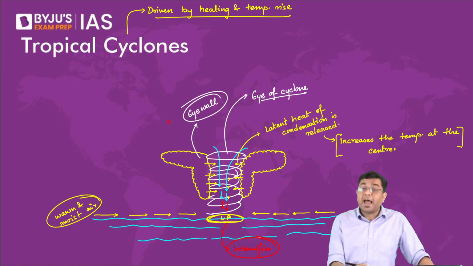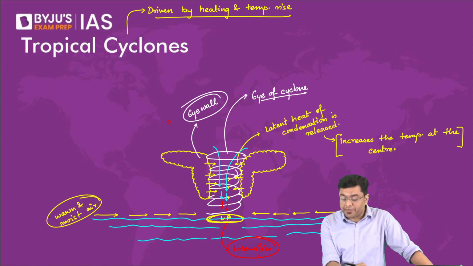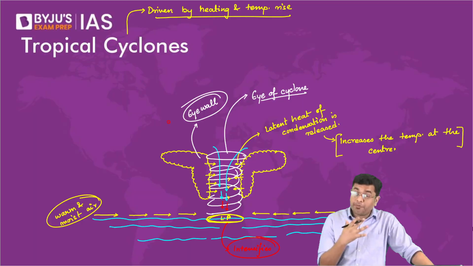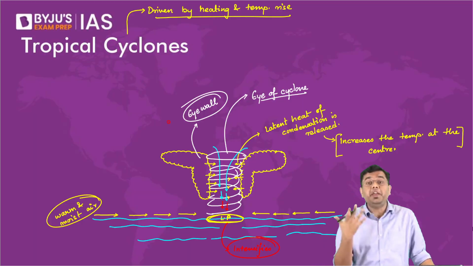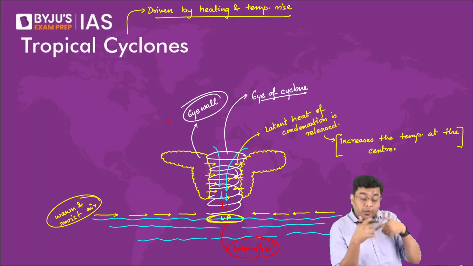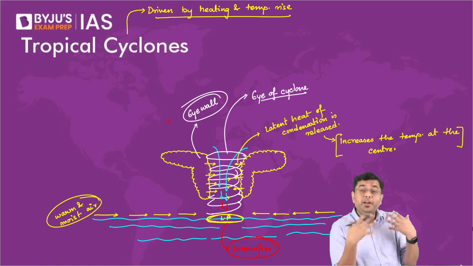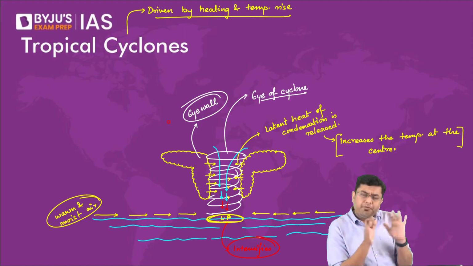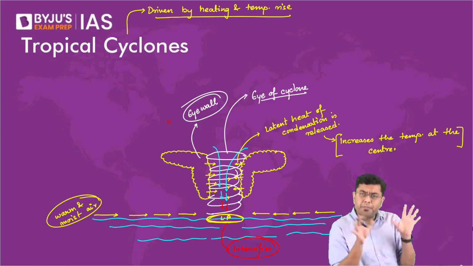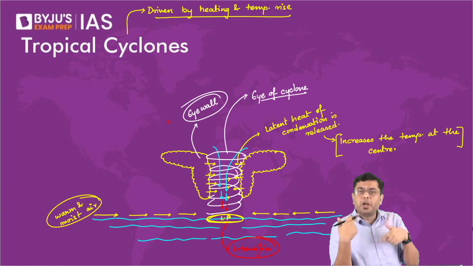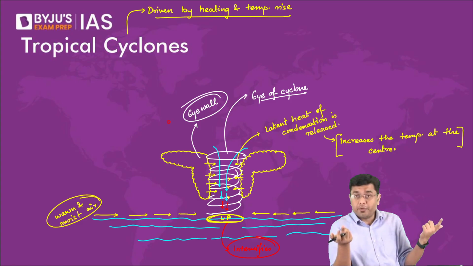And this type of cyclone is oftentimes referred to as a heat engine, because it is able to sustain itself, it is able to intensify itself without any external help. Just the creation of low pressure, it will continue to intensify itself over a period of time.